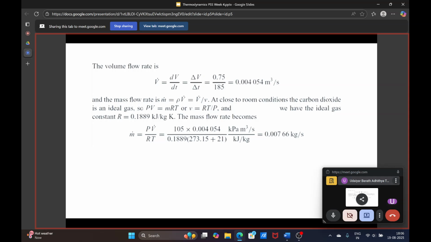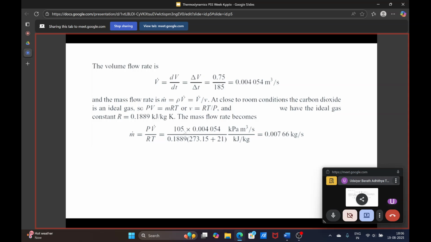You can also estimate specific volume and density. You get p equals rho RT, or p times specific volume equals RT. So p by RT is your density. So that gives you the mass flow rate. So m dot is p times v dot by RT.